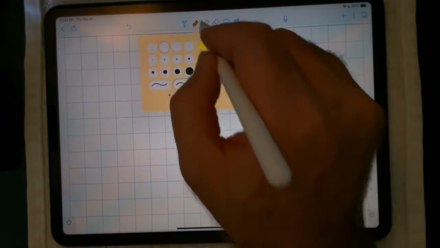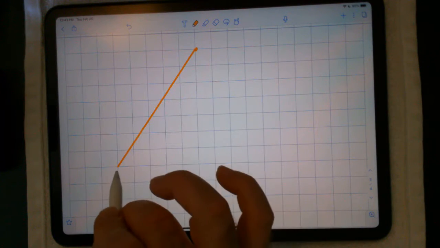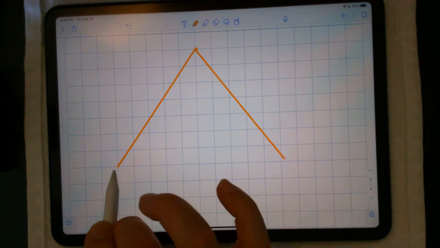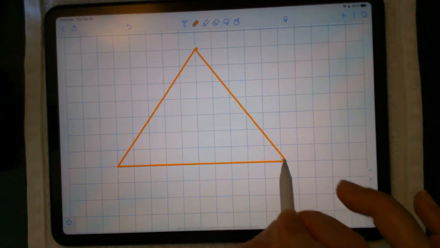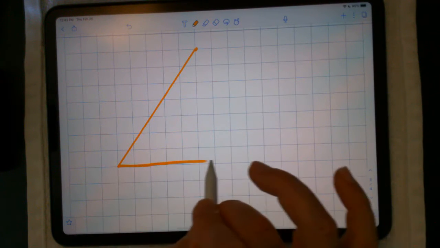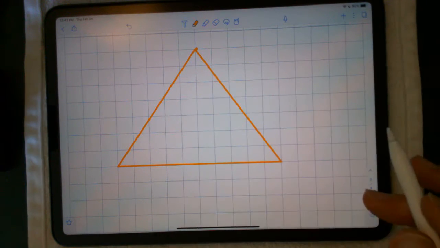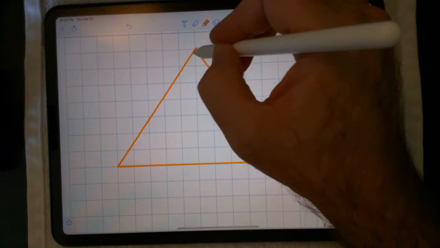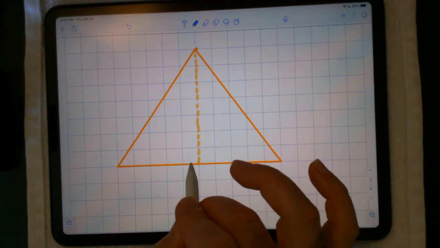So let's draw the same triangle down here, the 60, 60, 60 triangle. So if this is a 60, 60, 60 triangle, an equilateral triangle, if we were to cut this down the middle, we can denote that this is a right triangle with the little box in the corner.